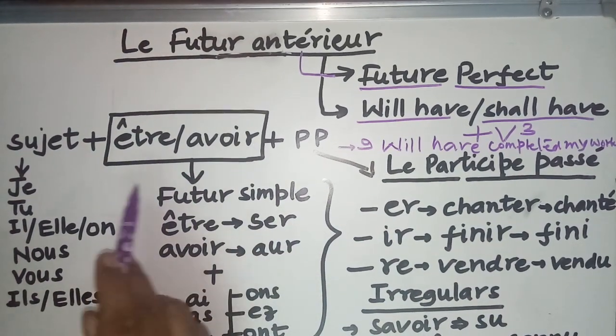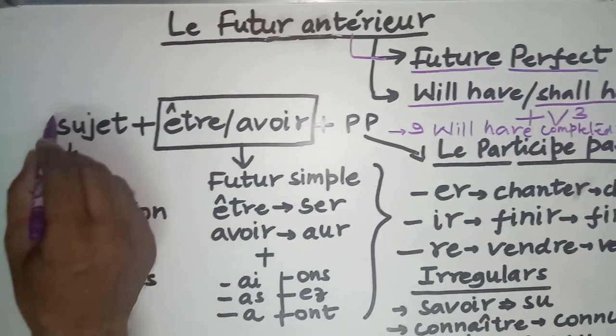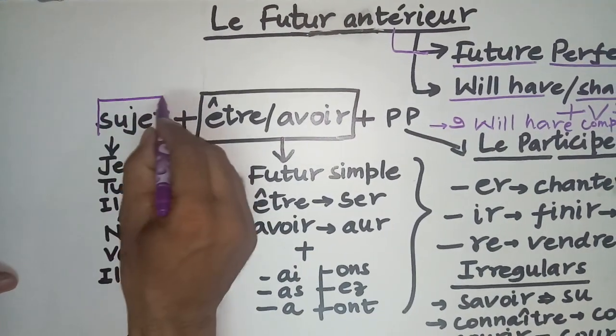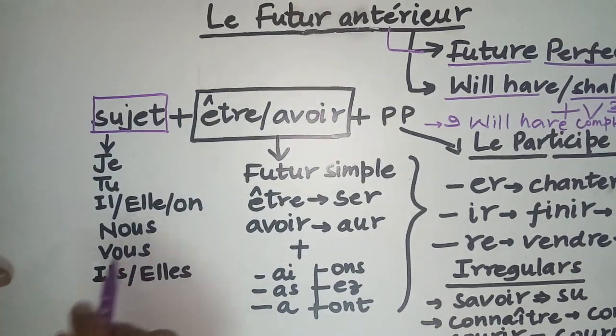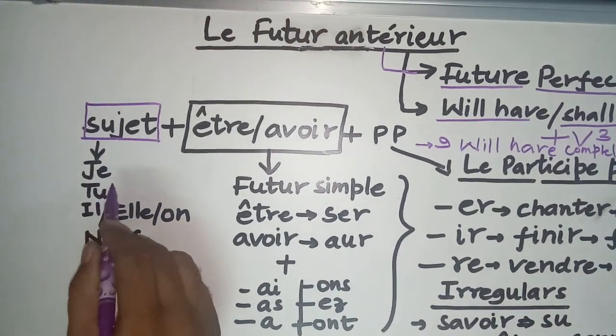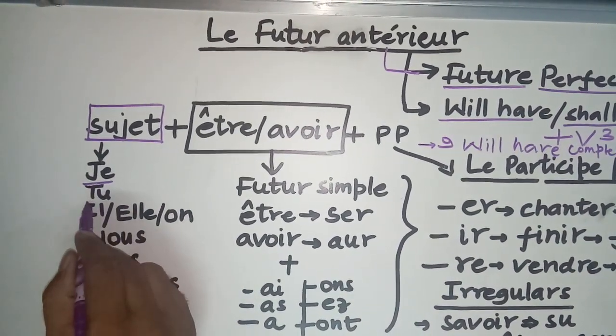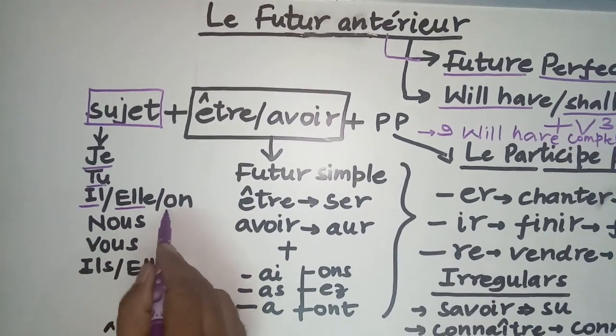So friends, how do we do it? Let's come on to the structure of it. First of all, we have the subject pronouns. In my last video also, I introduced this thing, le pronom sujet. Le pronom sujet, we call it je, tu, il, elle, on.